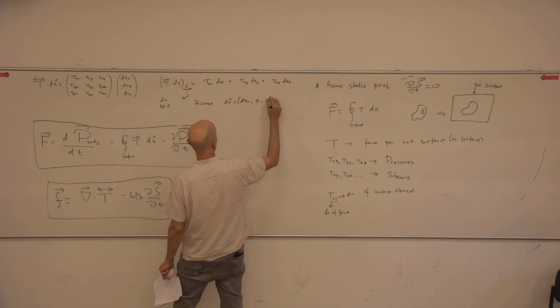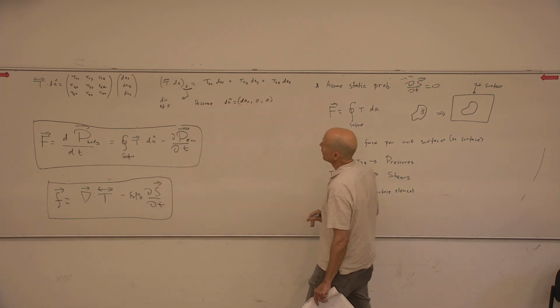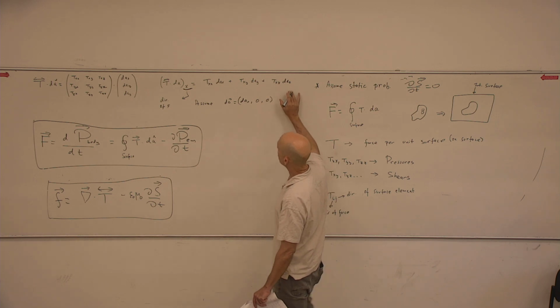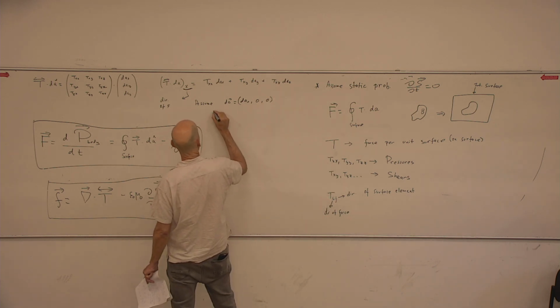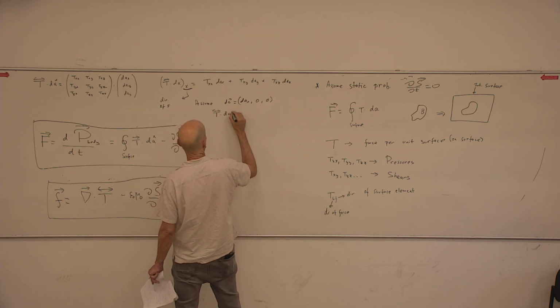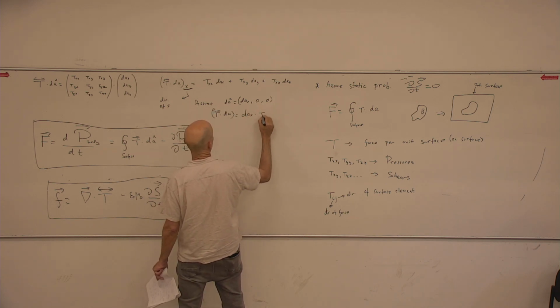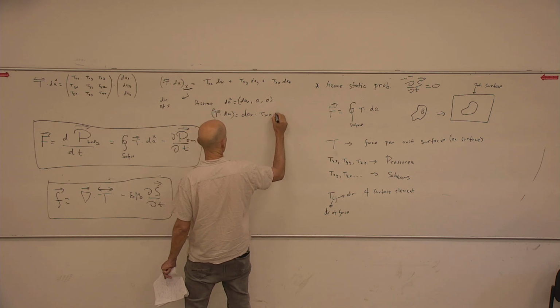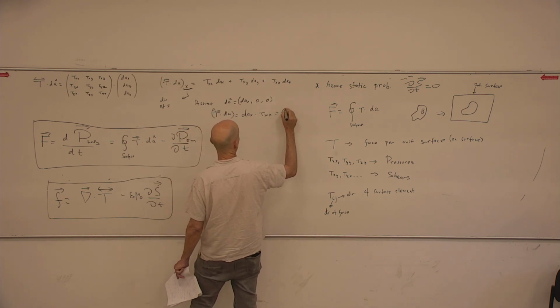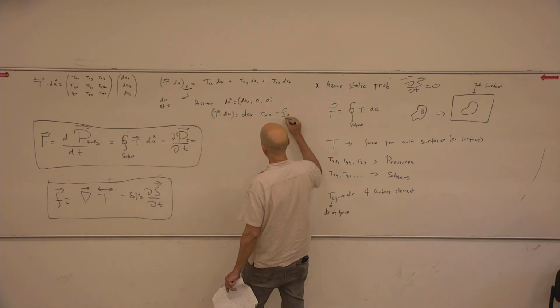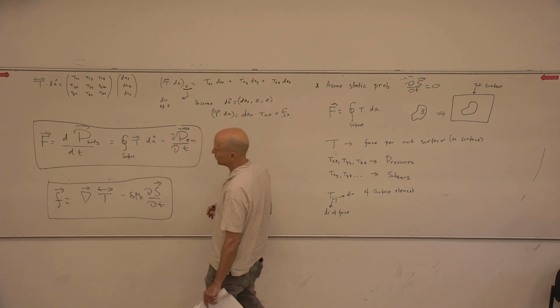That's simply the direction of the orthogonal. So you see these two terms are gone, and then T dot dA is simply dAx multiplied by Txx. And in this example, this is simply the small f, because I didn't integrate it.